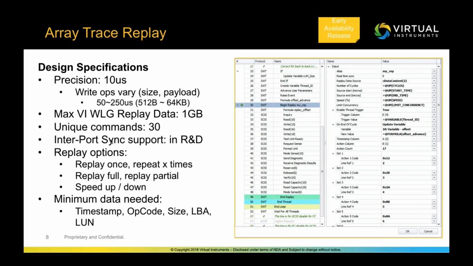So you can imagine a 1 gigabyte file actually has a lot of commands and details that can be captured in this replay data. And right now, 6.0 will support up to 30 unique commands and opcodes that are observed in the replay data. It's not really a system limit. This is an experimental feature. We don't know what's a reasonable limit, so we can go far more. But we think that we'll start with 30 and see how it goes.